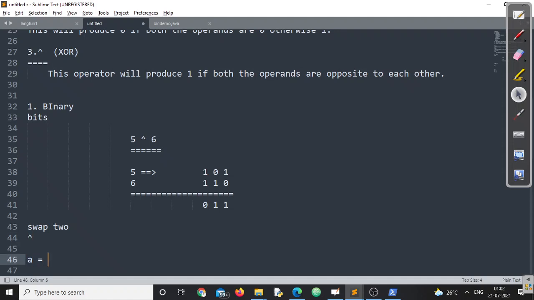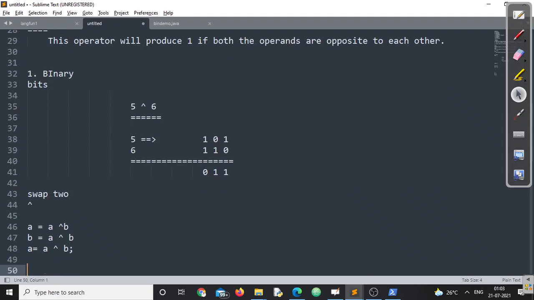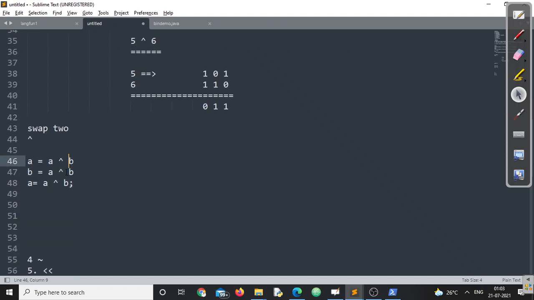You can write A is equal to A exclusive OR B, and you can also write B is equal to A exclusive OR B. Then finally you can write again A is equal to A exclusive OR B. Without using a third variable, we can also take the advantage of this one. I have also shared with you how to operate on these operators. Now you can easily find out the value for all this, right?